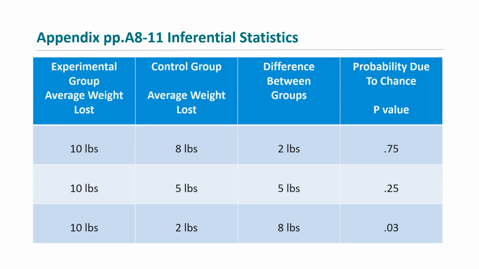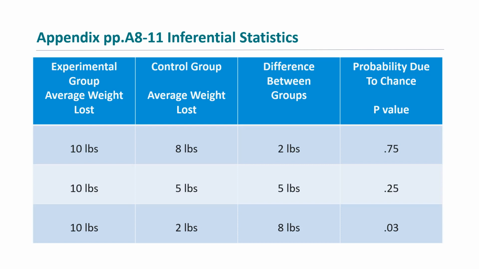They're the ones that got the weight loss pill. And after however many days, let's say I did it for 2 months or 4 months or whatever, on average, they lost 10 pounds, the group on average. And we're looking at the first line across. Now, the control group, they didn't get the weight loss pill, they had a placebo, but they lost 8 pounds. They're pretty close. There's only a 2 pound difference between the groups.